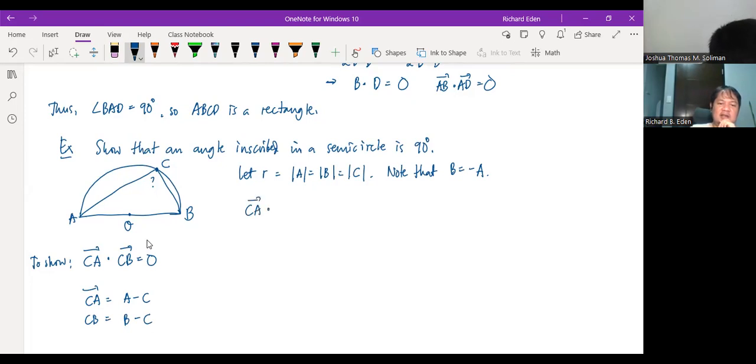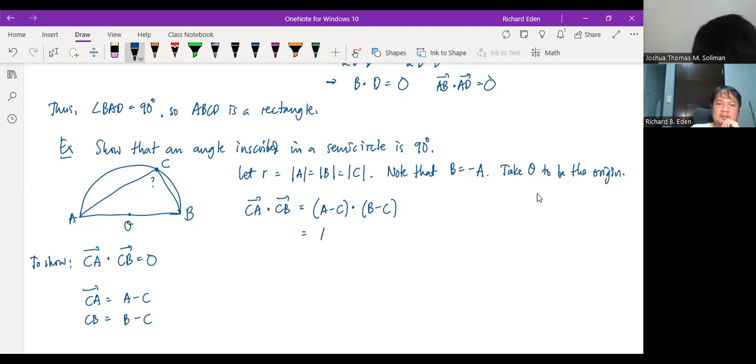CA dot CB is A minus C dot B minus C. Oh wait, let me point out that we take O to be the origin. Now let's do algebra here.